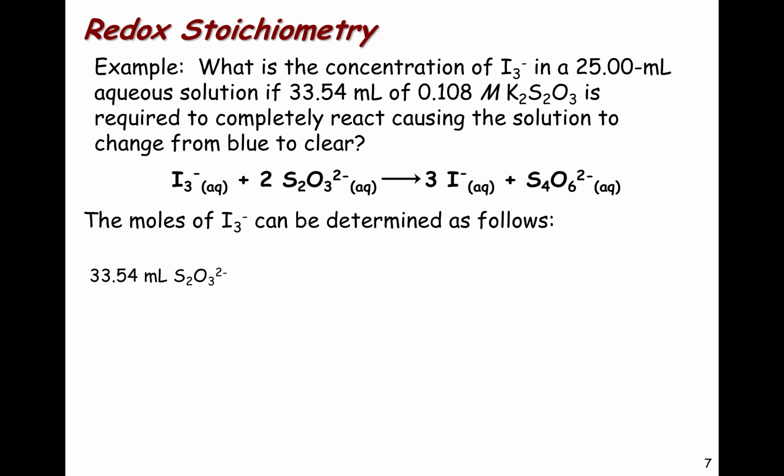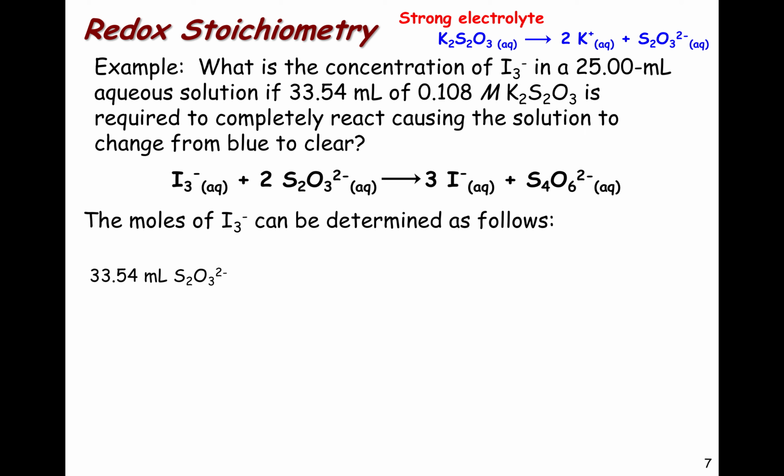The crucial thing to notice is that since the volume of the thiosulfate is given along with its molarity, we can determine the number of moles of that thiosulfate. Remember that the potassium thiosulfate is a strong electrolyte, an ionic compound. That's the source of the thiosulfate.